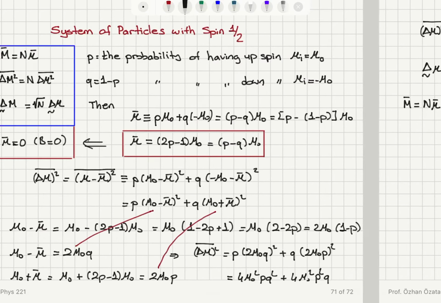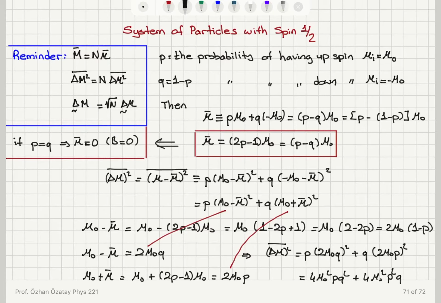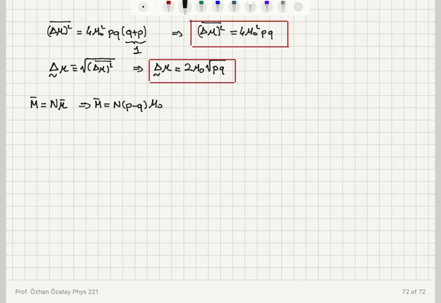And for the variance of the total magnetic moment, delta M squared bar, I found it's the variance of the magnetic moment per spin multiplied by capital N, the number of spins.